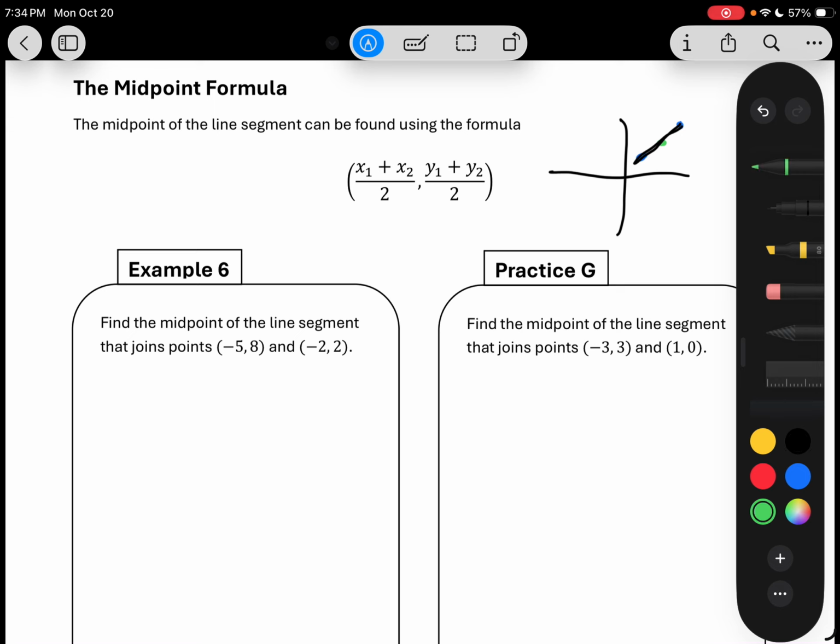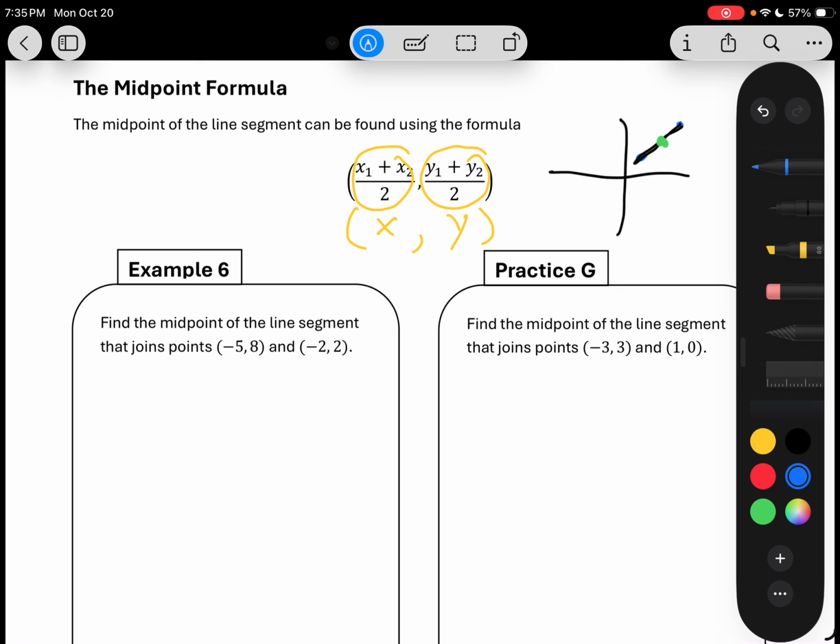So what is that exact point there in the middle? And this is how you calculate it. Notice how it is an ordered pair in this formula. So like this is the x value of the midpoint, and this is the y value of the midpoint. So it's an x and a y.